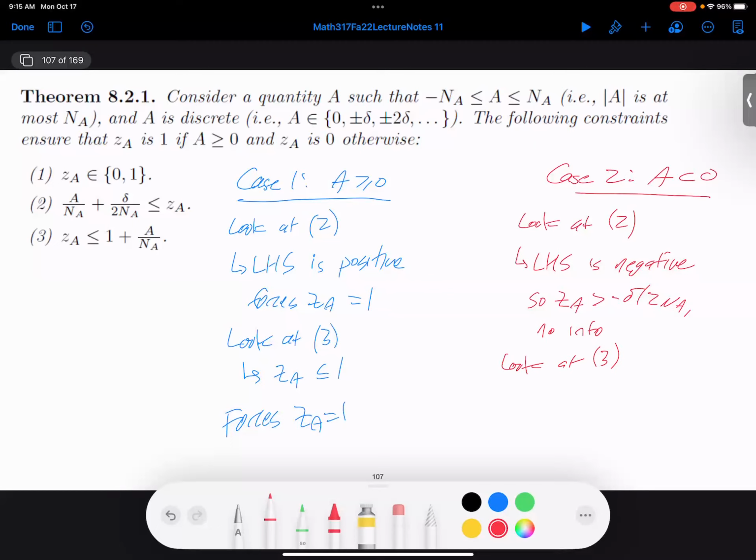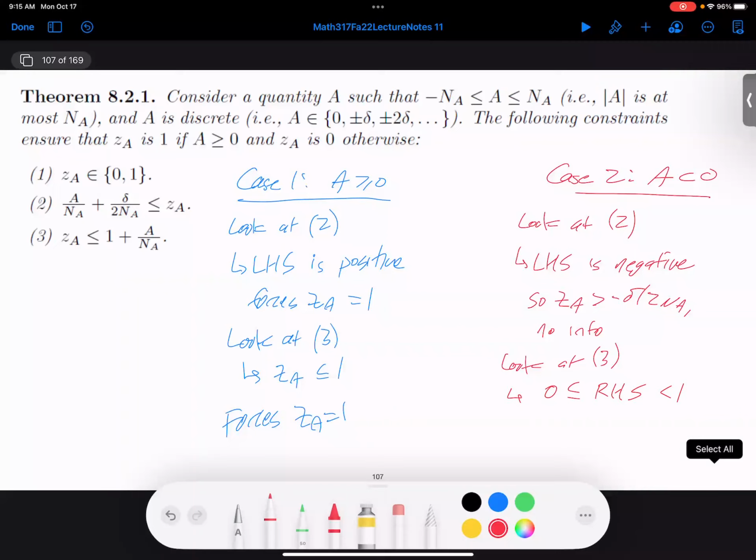What else can you tell me about the right-hand side? Greater than or equal to 0. Because remember, we don't want, for instance, Z of A to be less than negative 3, because Z has to be either 0 or 1. So we now know the right-hand side is between 0 and 1.